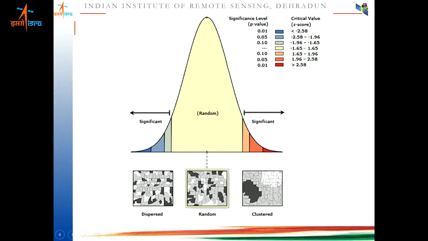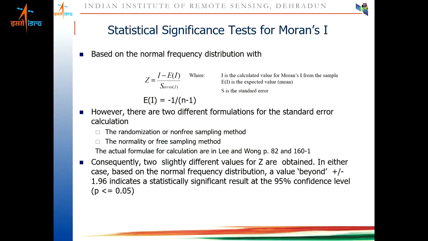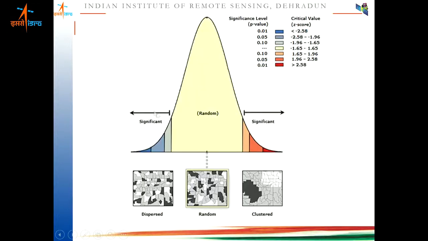If your z score is lying in the right hand side tail, it means it is a clustered pattern, which means your Moran I index is positive. If your Moran I index is negative, then negative minus negative will become very high, so it will lie in the left hand side tail.